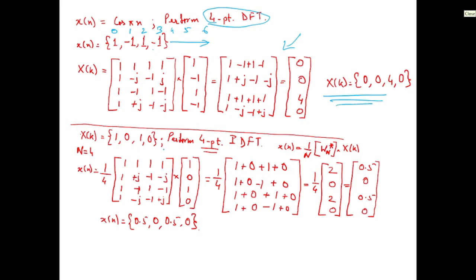Then it may be asked that you perform the IDFT for a given X(k) signal. This is the method: 1 by capital N, times the conjugate of the twiddle factor matrix, multiplied by the X(k) values.